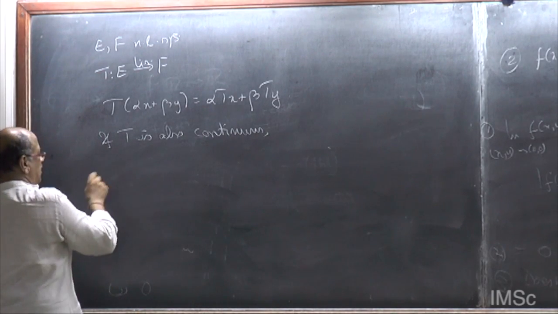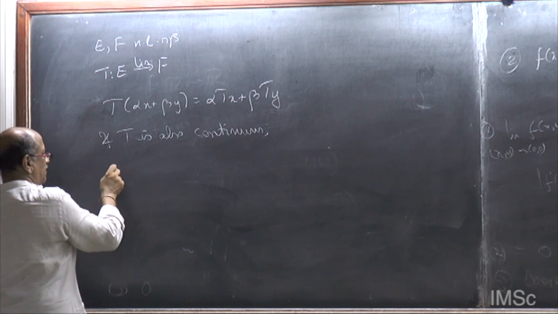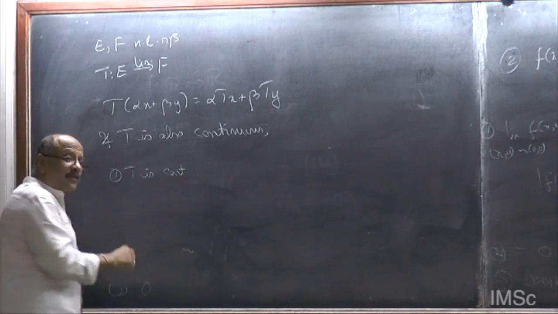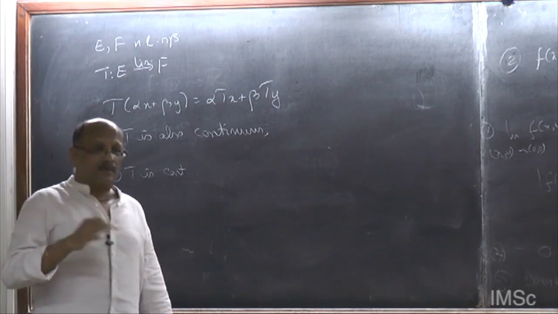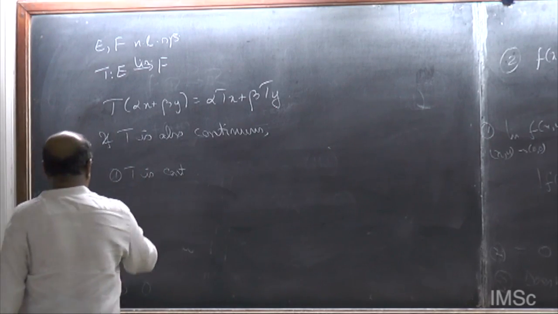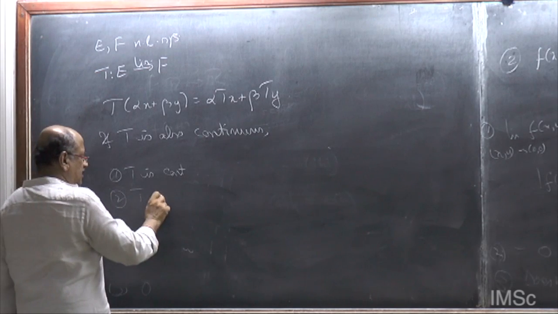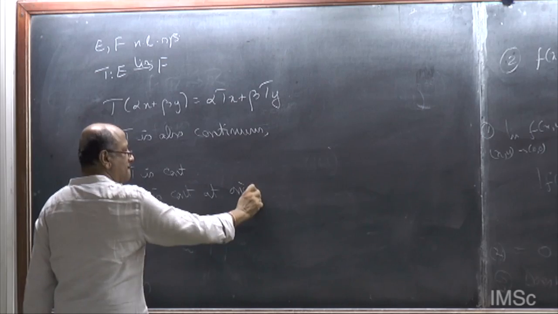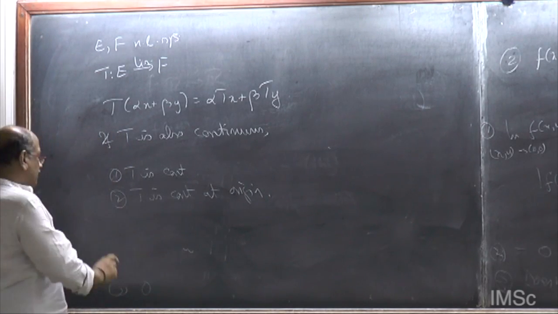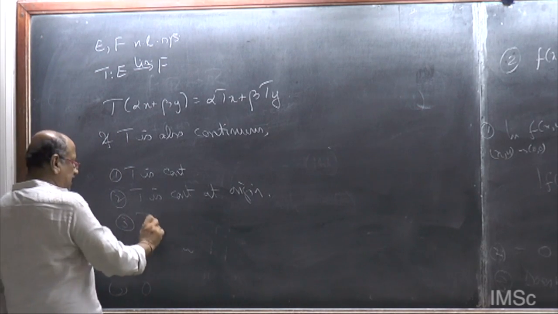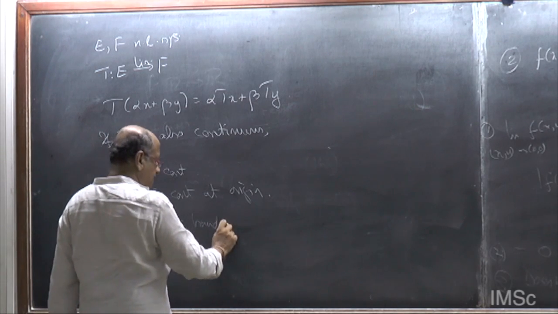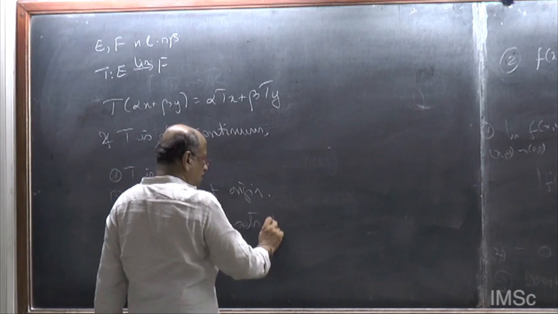Now you have the following equivalent properties. 1, T is continuous, that means continuous at every point. 2, T is continuous at the origin. 3, T maps bounded sets to bounded sets.